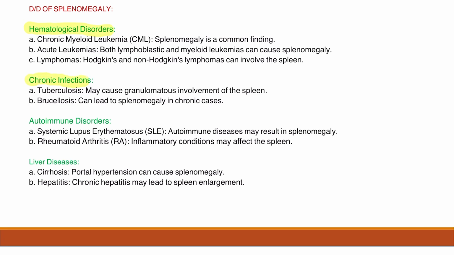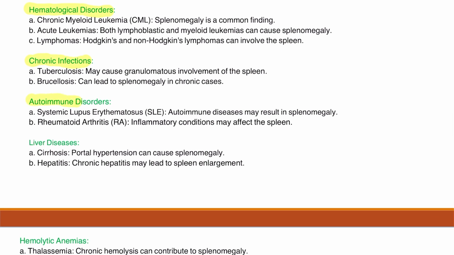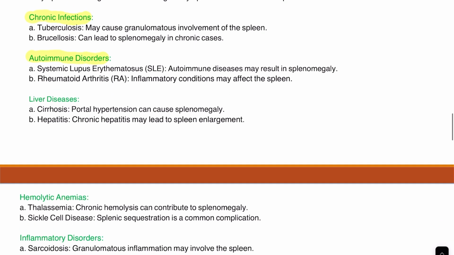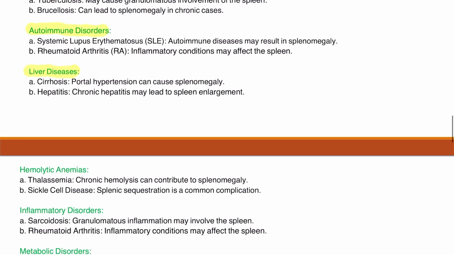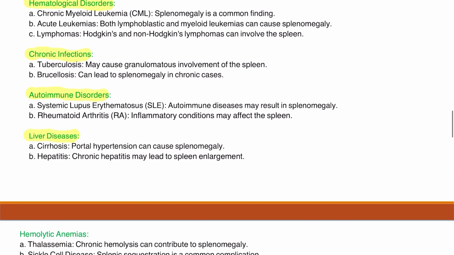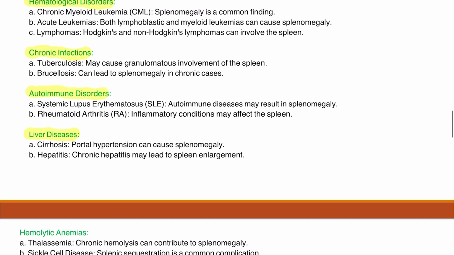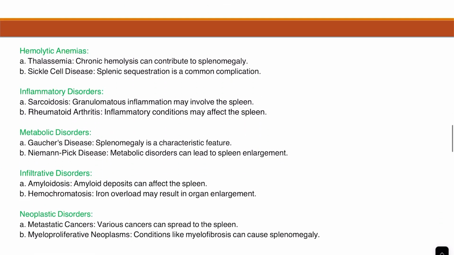Chronic infections like tuberculosis and brucellosis, autoimmune disorders like SLE or rheumatoid arthritis, and liver diseases like cirrhosis or hepatitis; chronic hepatitis may lead to spleen enlargement. Hemolytic anemias like thalassemias, where chronic hemolysis can contribute to splenomegaly. In sickle cell disease, splenic sequestration is a common complication.